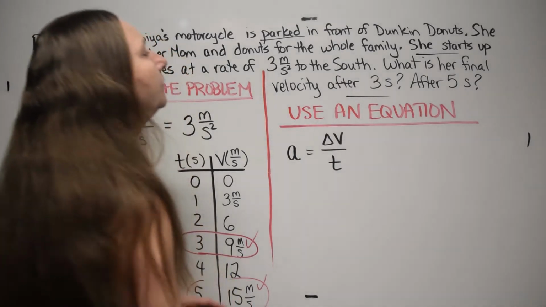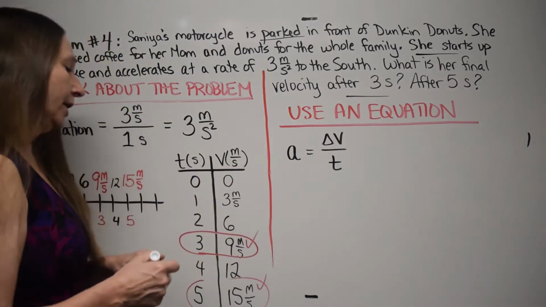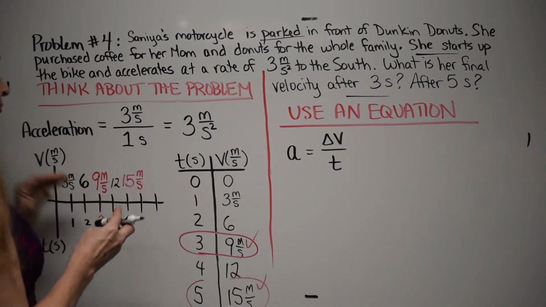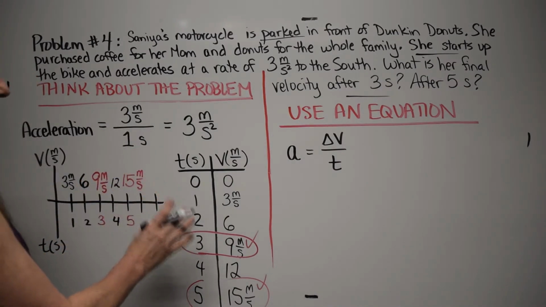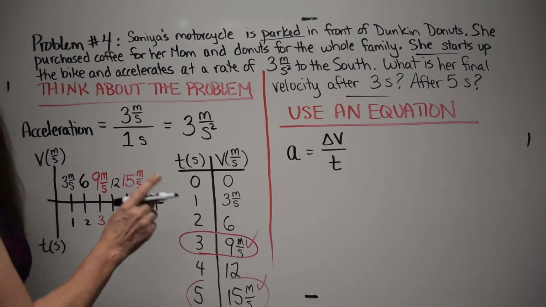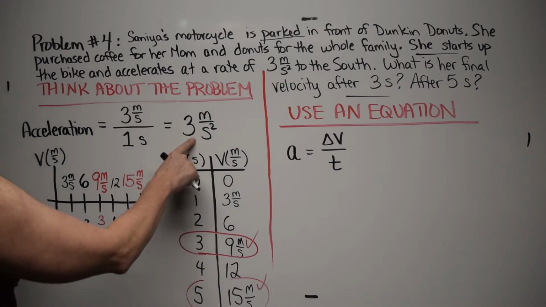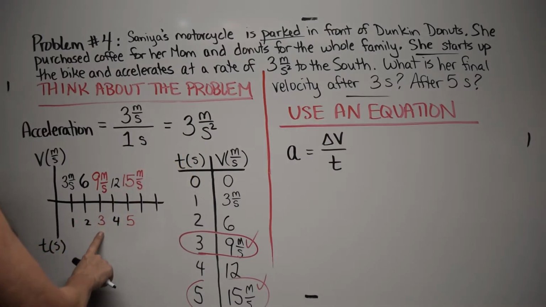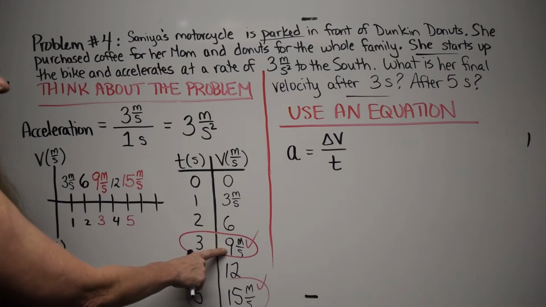All right, now, in order to use an equation, we want to look at what we did to arrive at these answers of 9 and 15. What we did was we took the acceleration 3 and multiplied by the time 3 to get the final velocity 9.